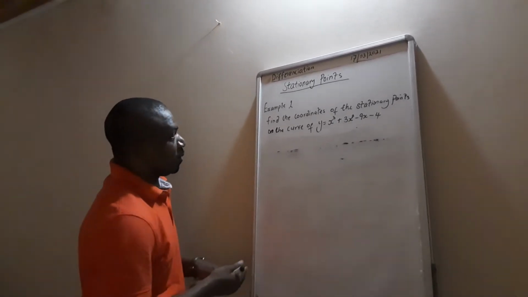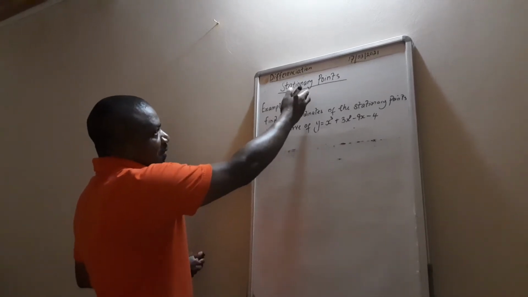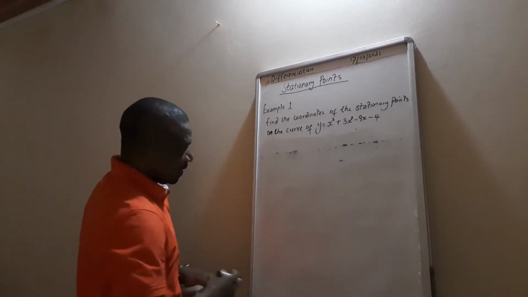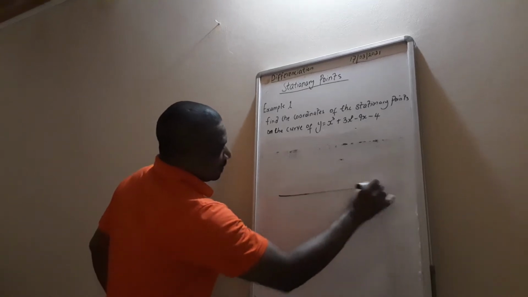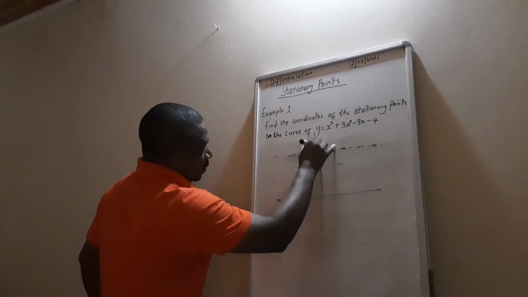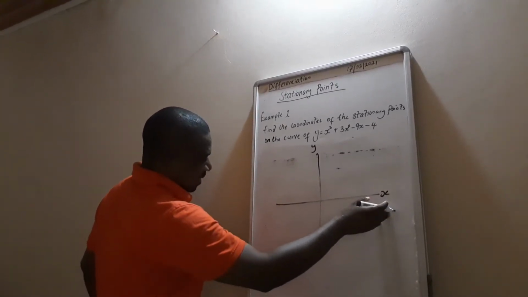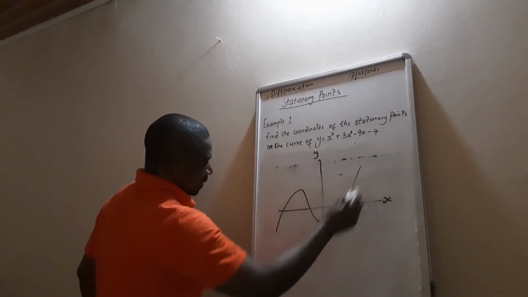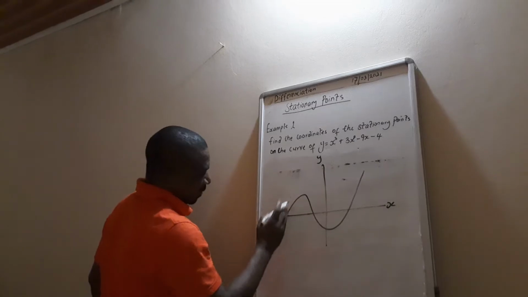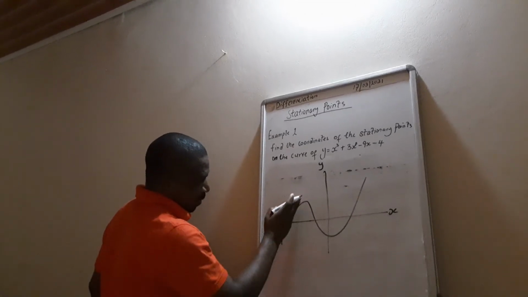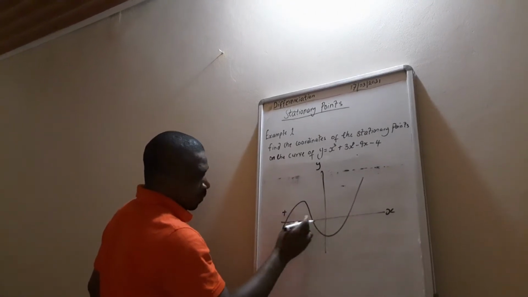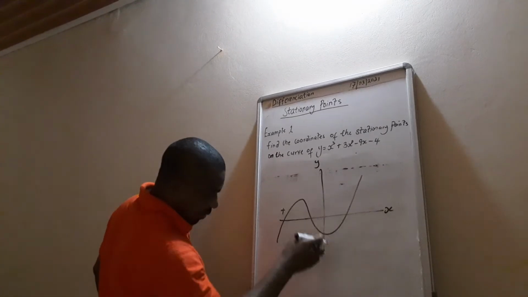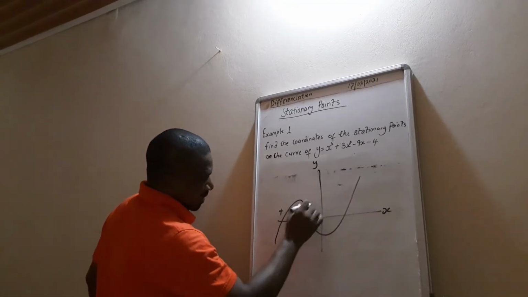Let me explain more about stationary points using a graph. This is a typical graph. Let's say we have y here and x here, and this is a curve which moves in this manner. At this point the curve is increasing, so the derivative is positive, while at the point where it is decreasing downward, it is negative.